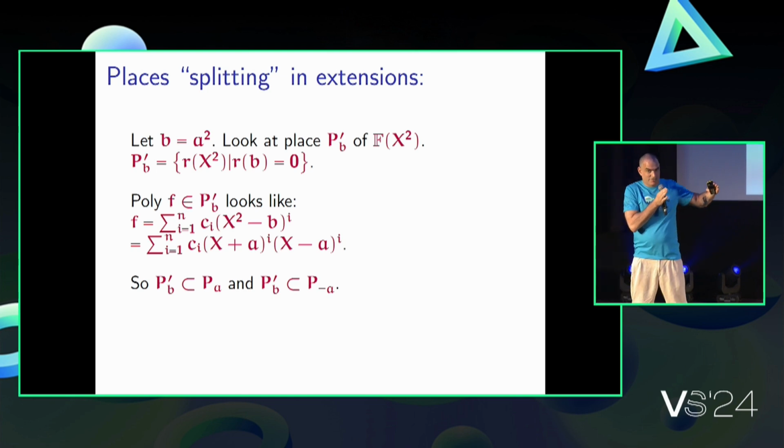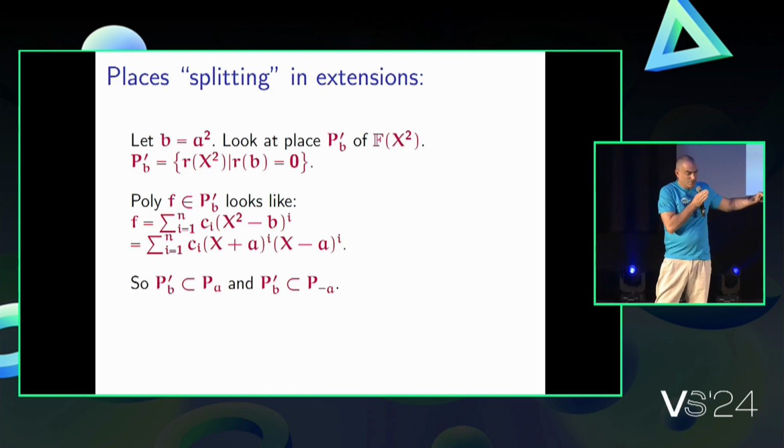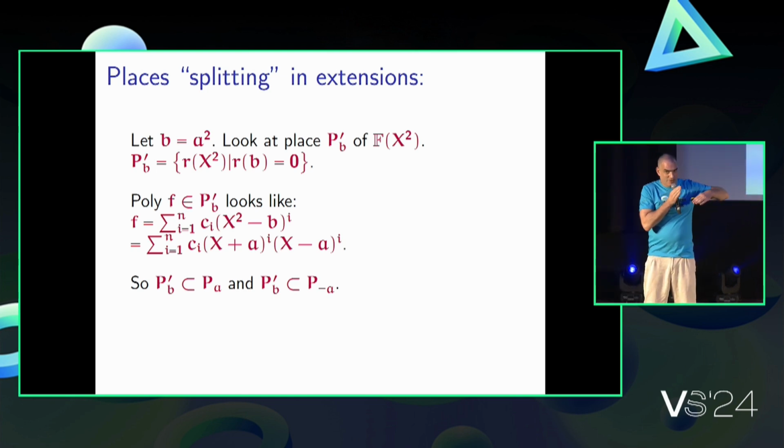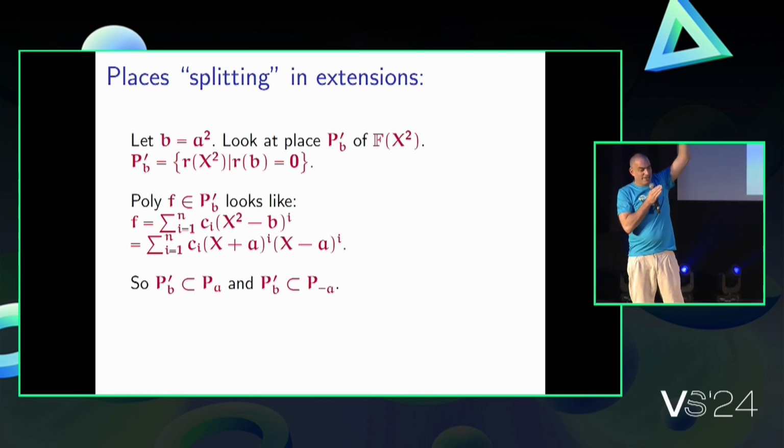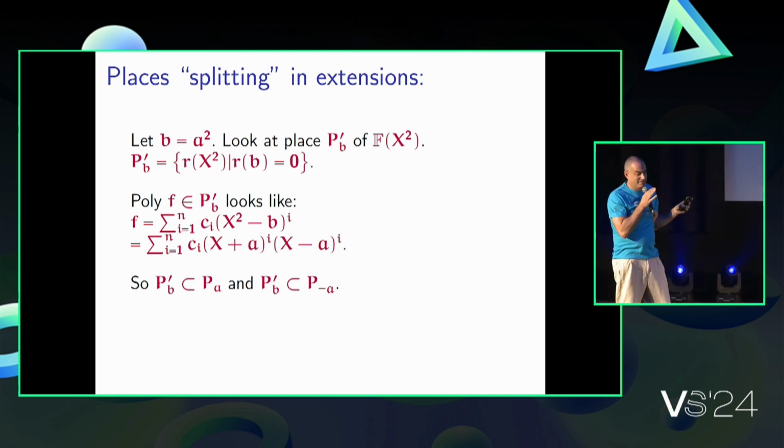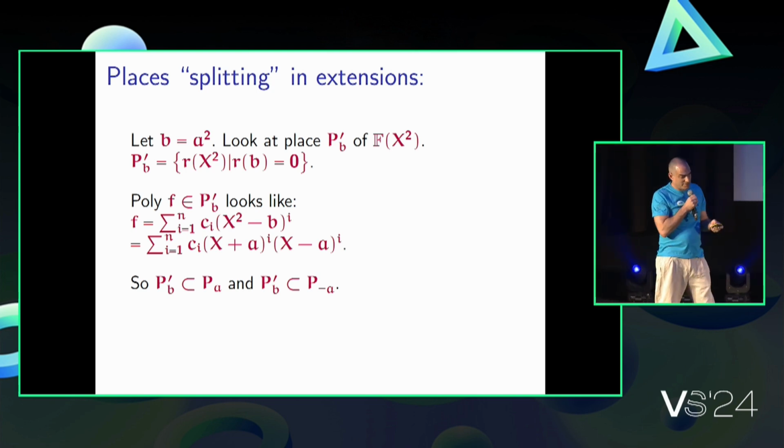So we had this place of the subfield F of x squared, and when you go up to the field K, F of x, it's going to be contained in two separate places. So we say that the place splits into two places.